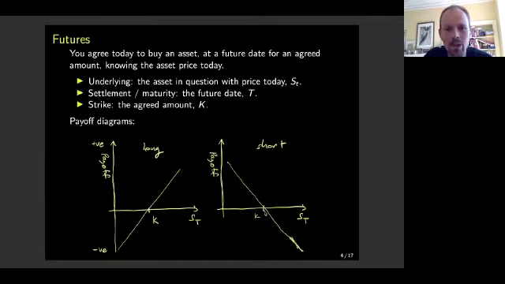And the fun thing about short futures is that your potential loss is unbounded. So if I had sold a future on, let's say, Tesla back in February for expiry on something like 1st of September, I could have lost a lot of money, because the price, for some obscure reason, went up and up and up.